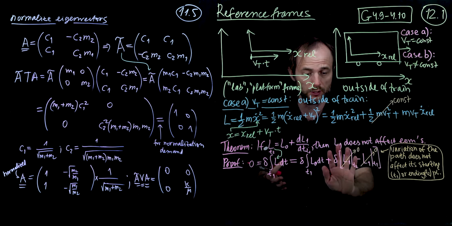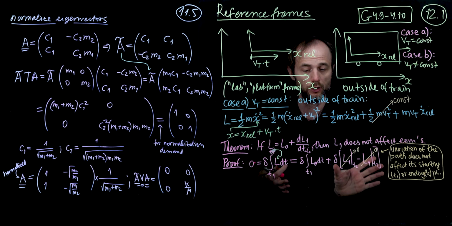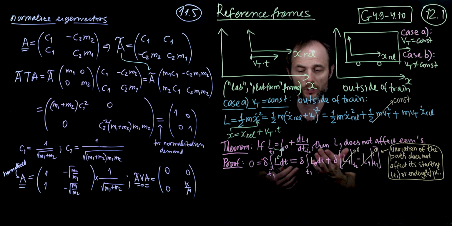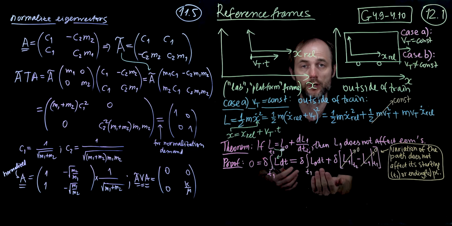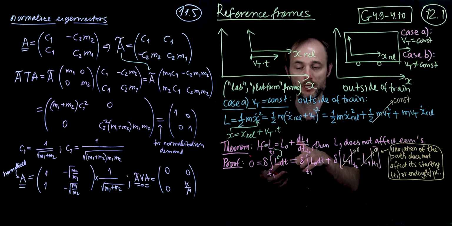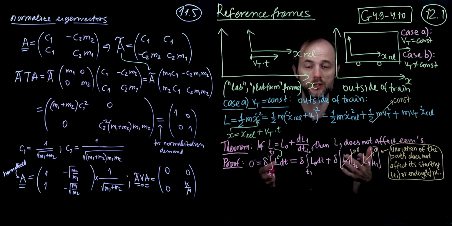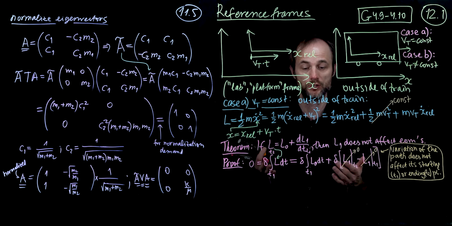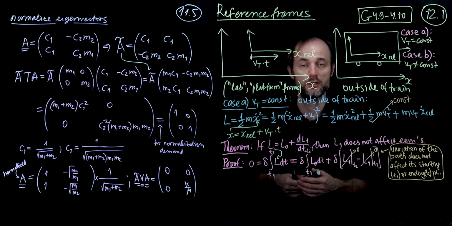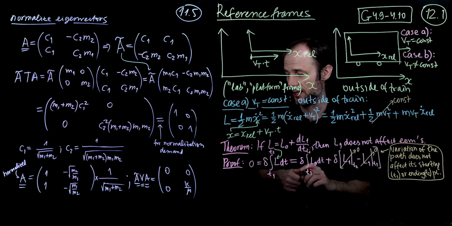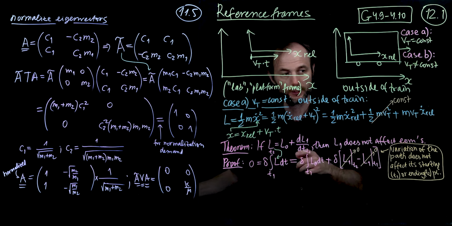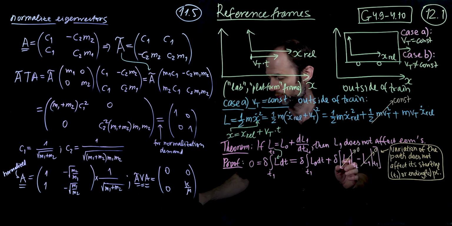And hence this variation goes away, and we are left with the variation of the original and the new Lagrangians being the same, which has proved our point that this extra bit dL1/dt doesn't really affect the equations of motion, because equations of motion only care about what's left here in the variation principle. So that's awesome, and that means that we can throw away this term.